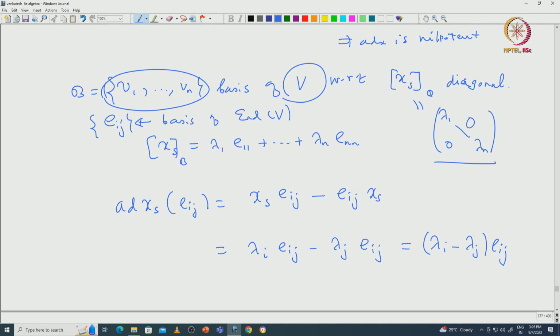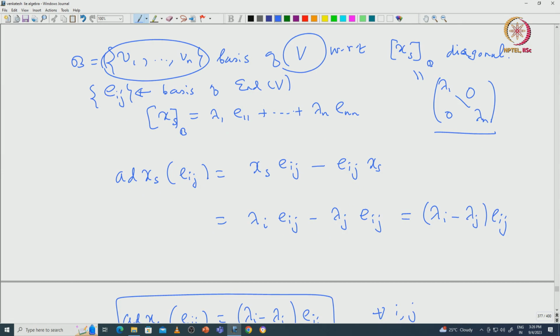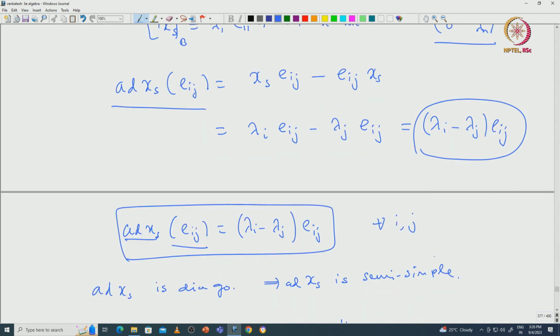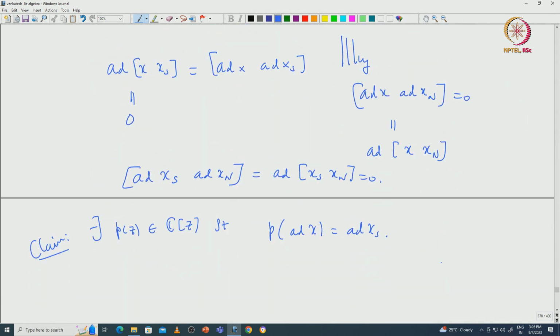Now, using this, we can see how ad x_s acts on E_ij. Again, it is very explicitly given by lambda_i minus lambda_j acting on E_ij. So, using this information, you can locate a polynomial p(z) such that p(ad x) is exactly equal to ad x_s. I will leave it to you to check this, because this is a very important point.